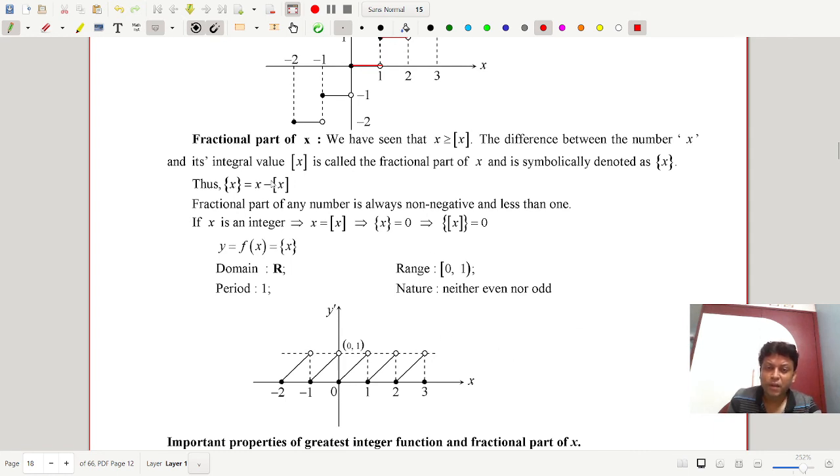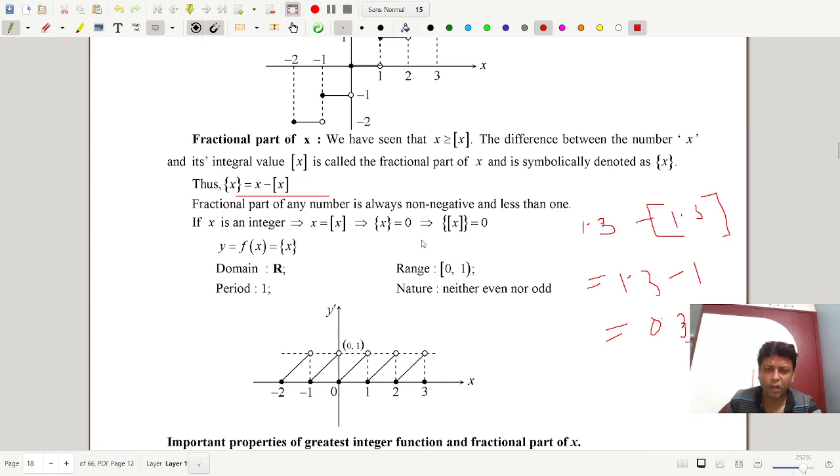Fractional part means x minus box x. Suppose 1.3 is a number. So 1.3 minus box of 1.3. What is the box of 1.3? 1, because the integer less than or equal to 1.3 is 1. So you have 0.3. 0.3 is the fractional part.